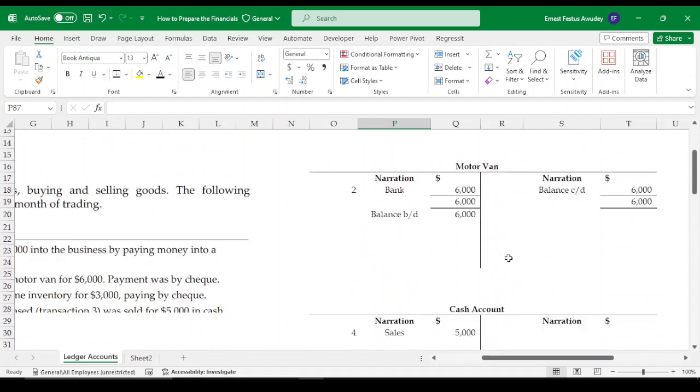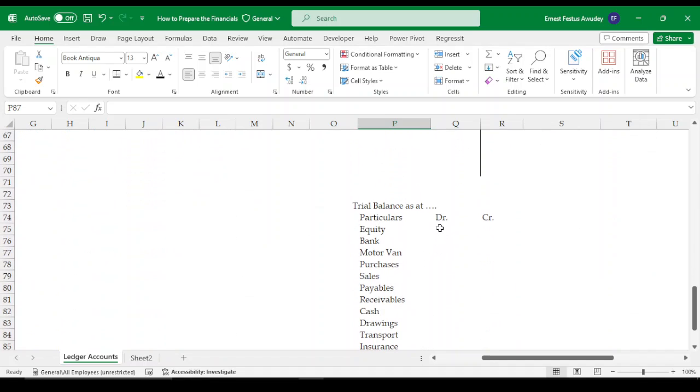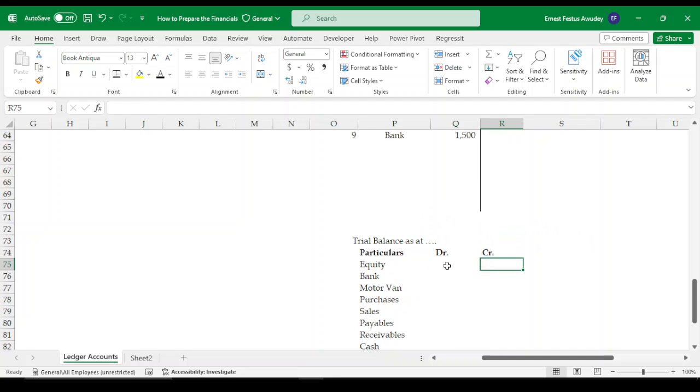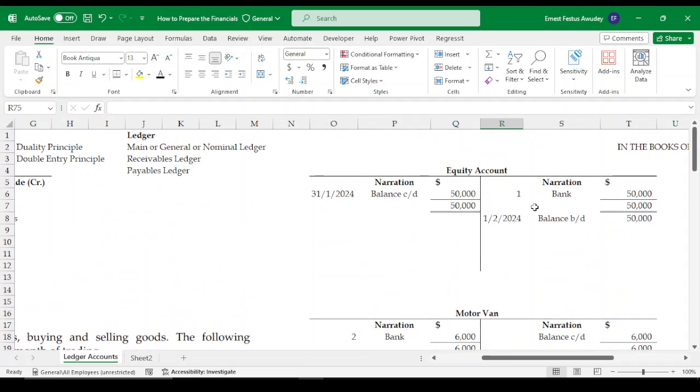All right. So what you're going to do is that depending on where the balance carried down, or the balance brought down falls, is going to be put at the debit or the credit side here. Okay, so let's look at equity. Where does our balance brought down fall? In the equity section. This falls under the credit side.